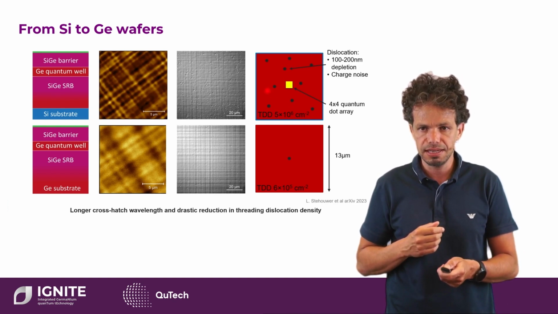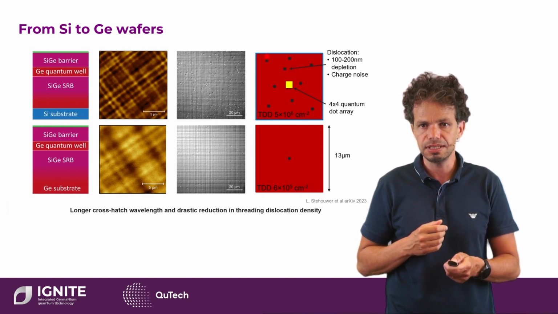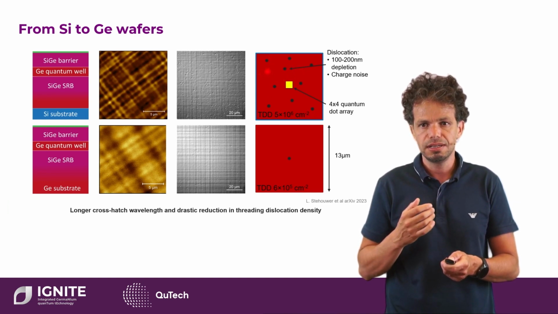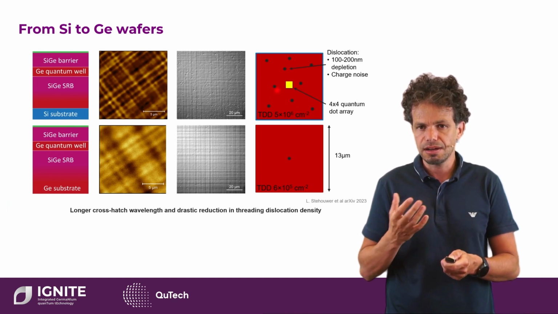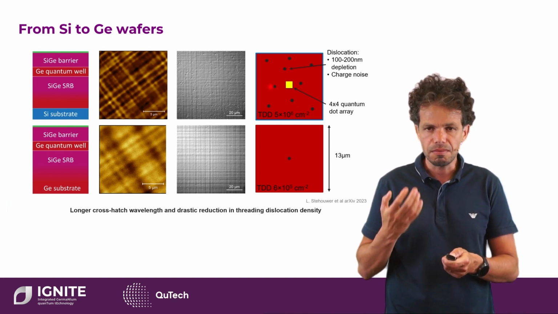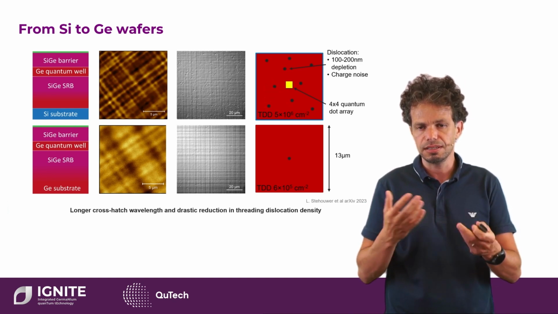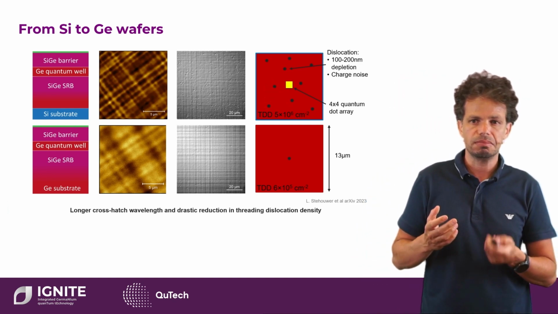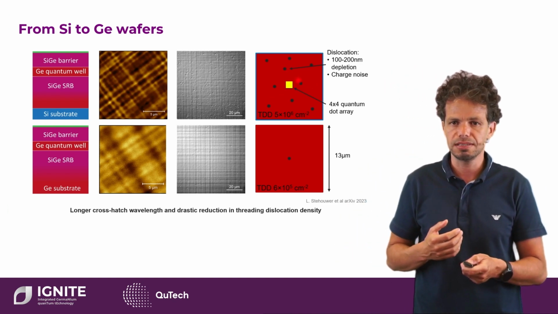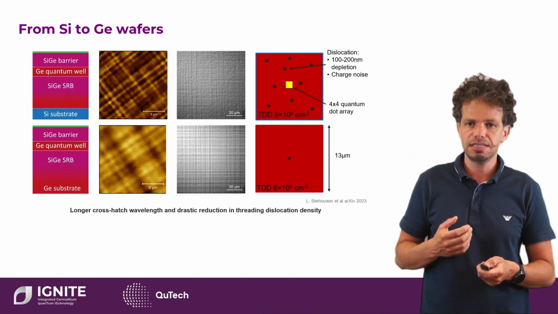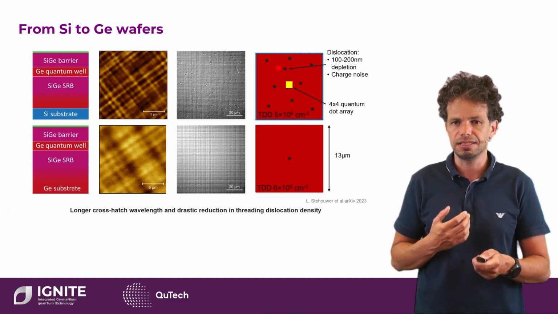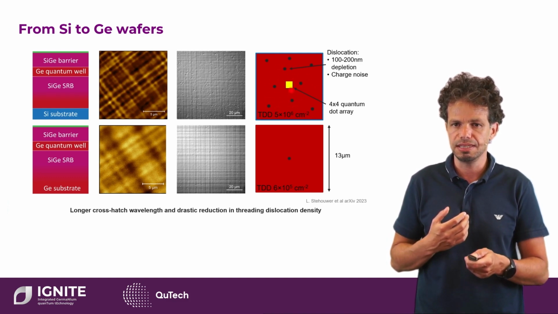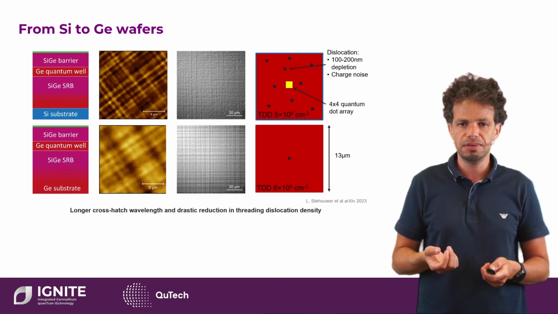In this case, the separation between these dislocations starts to become relevant in terms of yield and frequency compared to the size of a device. So you can see that these dislocations in the long run might limit the yield and scaling up of these devices. So it's very important to minimize them.